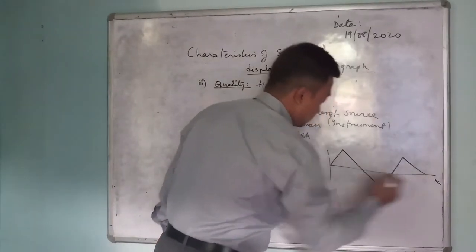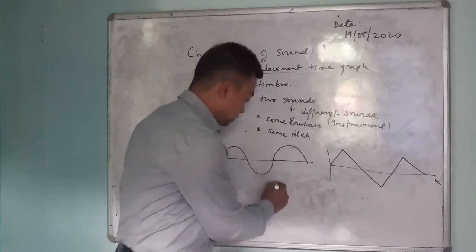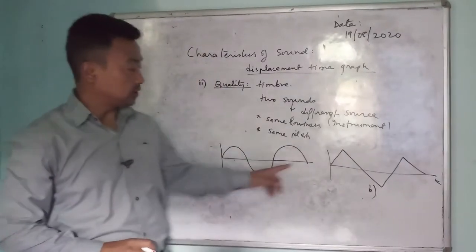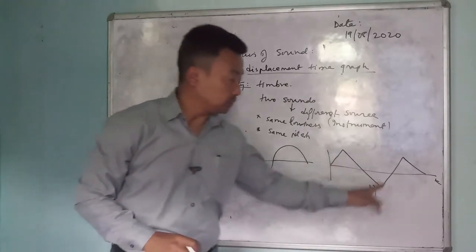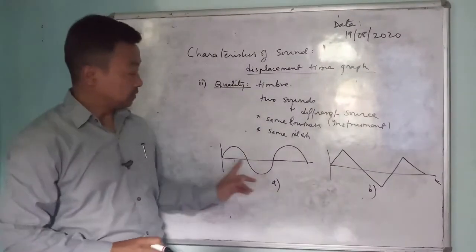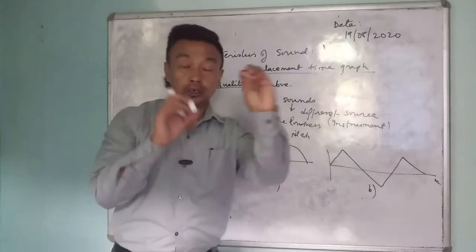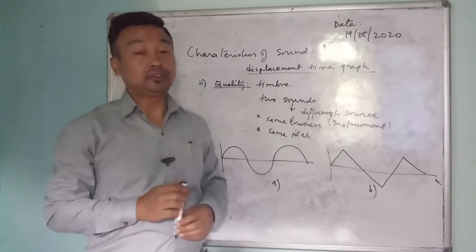What we observe in figure A and figure B is that both have the same amplitude and the same frequency, the same number of vibrations, but look at the form, it is different. So they will be totally different in form.